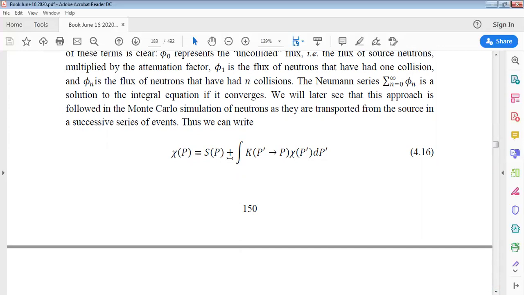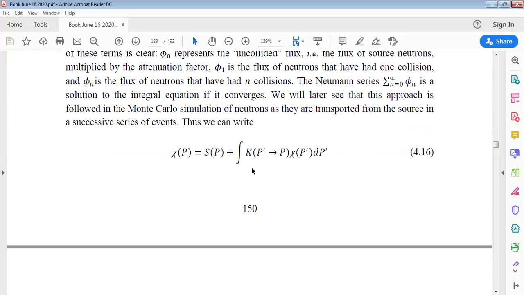The Monte Carlo method is based on probability and statistics. So you'll see that when you want to get good results, then you have to have a small uncertainty. The uncertainty is called the standard deviation. So you want to be as certain as possible and you want to be as accurate as possible. So in other words, accuracy and precision are the two requirements of a Monte Carlo result.